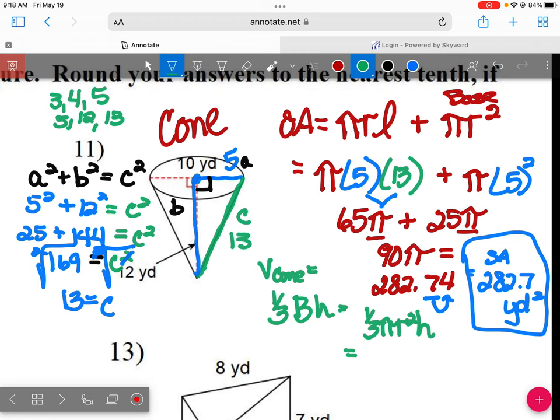Okay. It says area quadrilateral. Let me just double check.